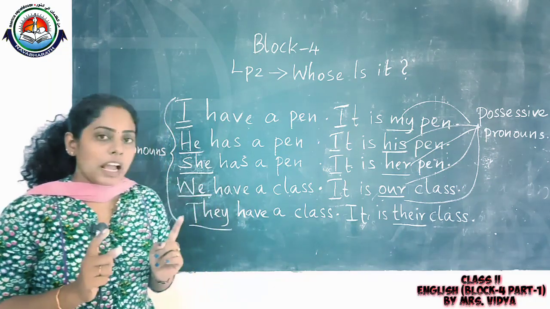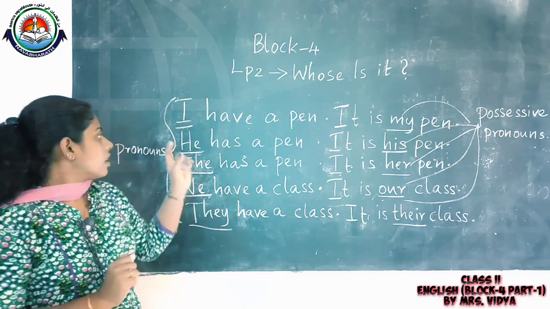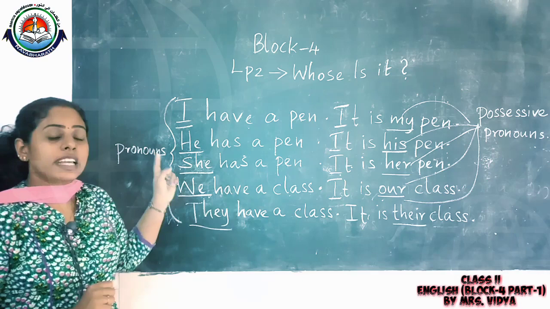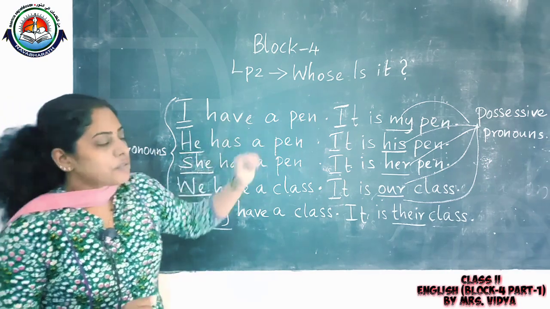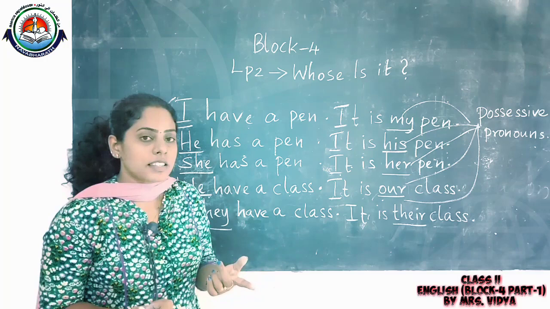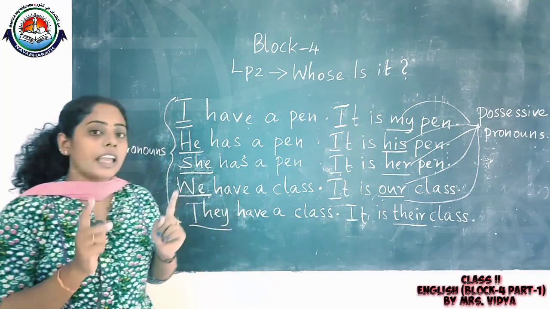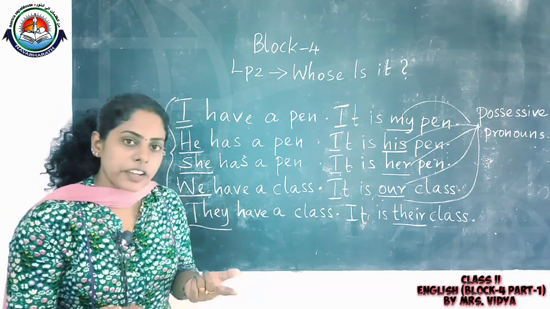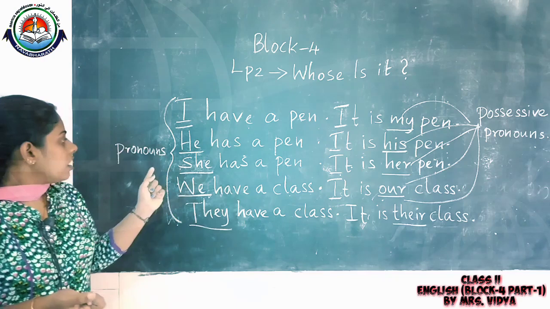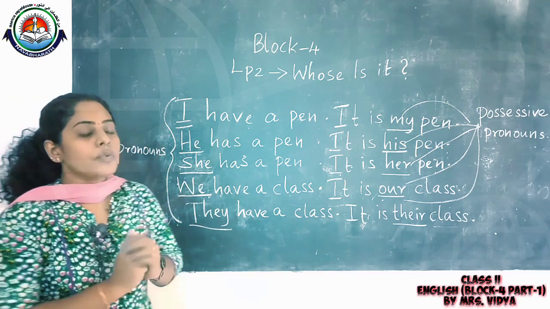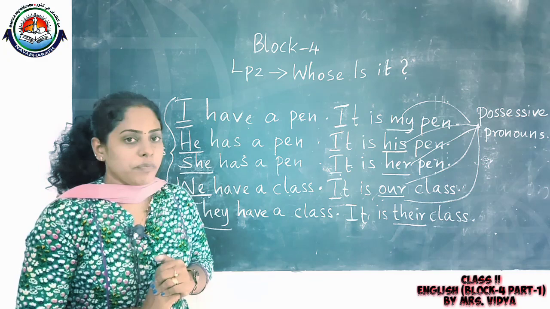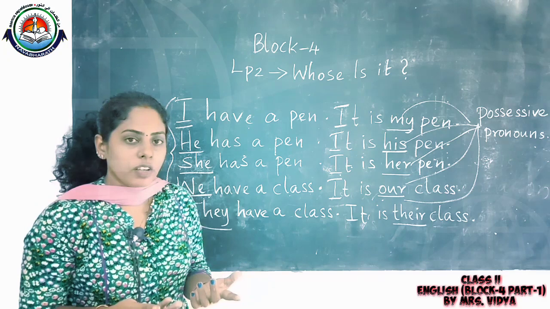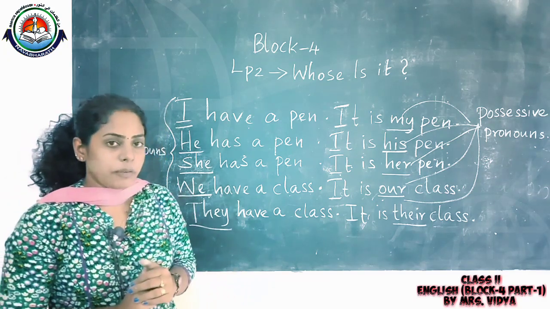I have a bag. That is my bag. He, if it is a boy, we will use the pronoun he. So, we have to use his. He has a chocolate. It is his chocolate. Okay. Next one, if it is a girl, we will use the pronoun she. So, there we will use her. She has a bottle.